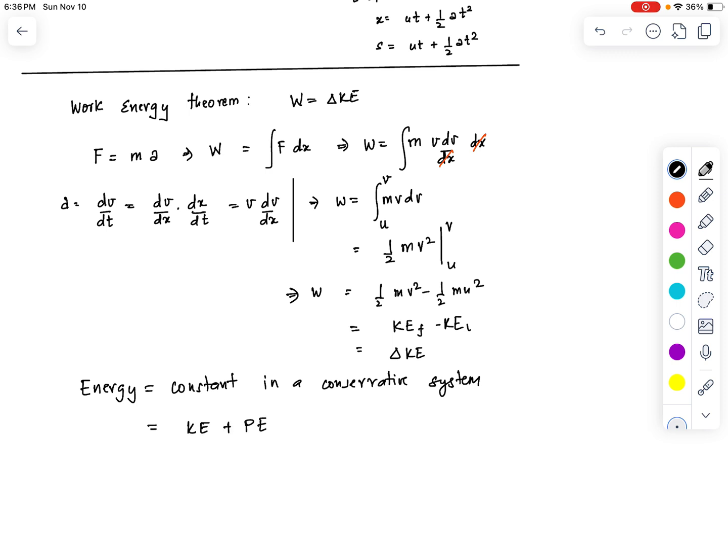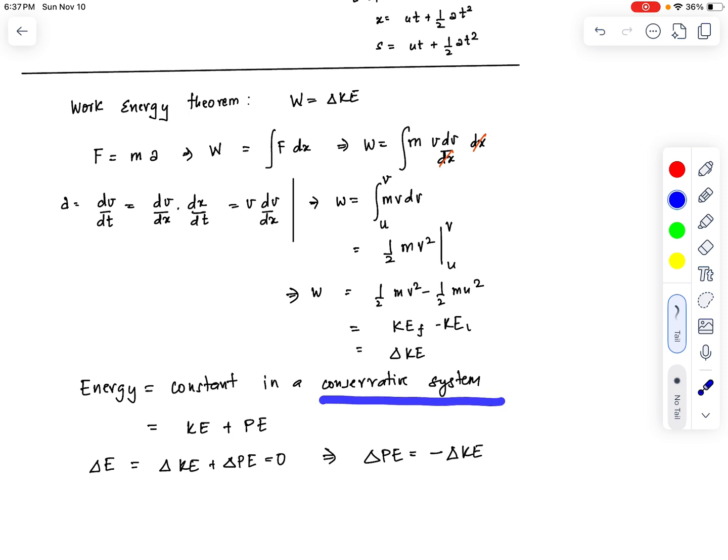So if energy is constant, then the change in kinetic energy plus the change in potential energy is actually zero, right? So the change in potential energy equals minus the change in kinetic energy in such a case. Okay, and this, remember, holds good only for conservative systems where there is no dissipation. So the change in the potential energy here will be equal to the negative of the work done.